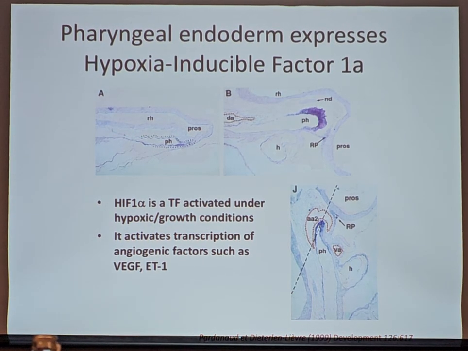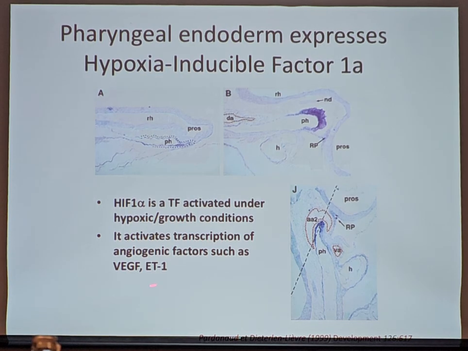Now this, of course, as we discussed before, is regulated by growth factors. And it's regulated by your oxygen tension. So if you have an area of low oxygen tension, HIF will be activated, HIF will activate VEGF, and this will lead to endothelial cells sprouting into the area that was previously undersupplied by oxygen.